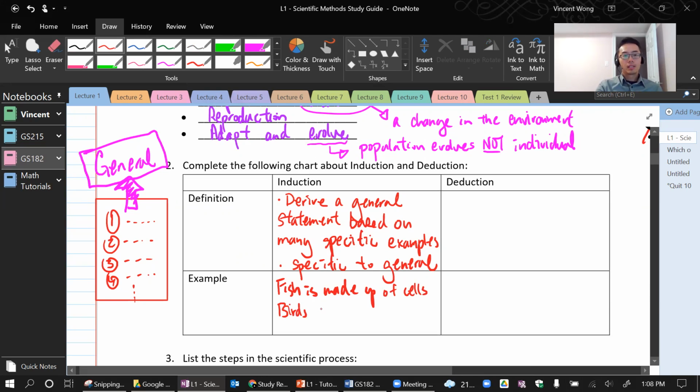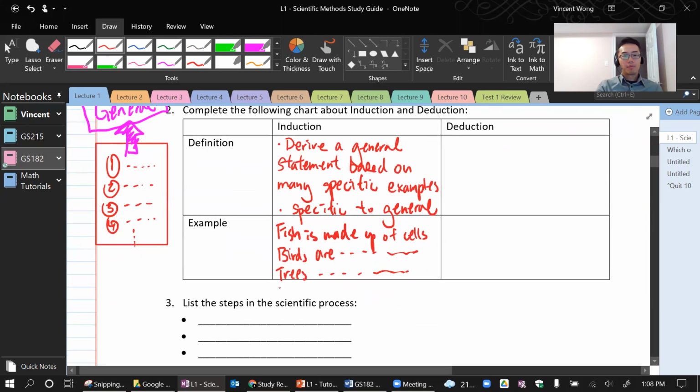Birds are made up of cells. Trees are made up of cells. Bacteria are made up of cells.